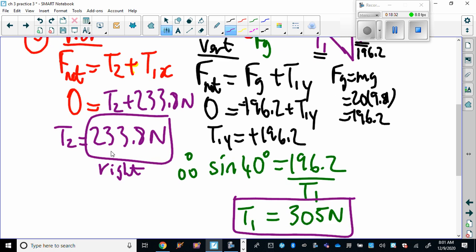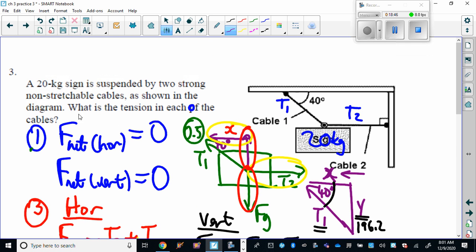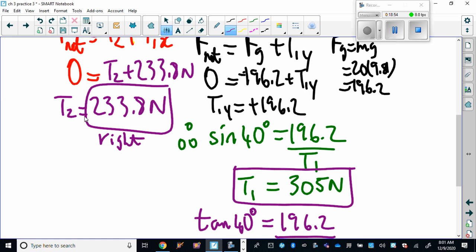And then if you want to be really specific, this is 305 newtons, 40 degrees below the horizontal. Okay, but chances are the question is just going to ask for the tension in the cable. It'll probably just ask for the magnitude. So the answer to the question, what are the magnitudes? 305 newtons, 233.8 newtons.